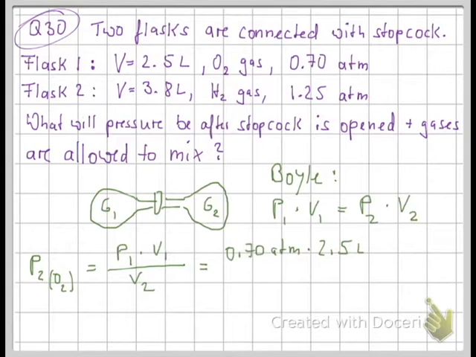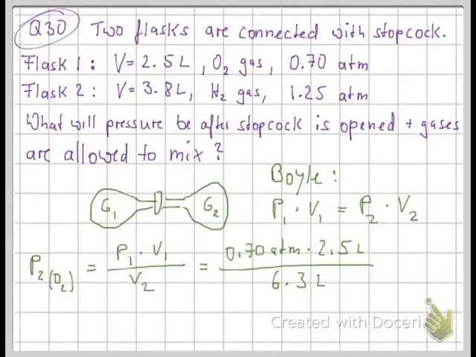And V2, after it is allowed to expand, is the total volume of 2.5 and 3.8, which is 6.3 liters. V2 is 6.3 liters once they had a chance to mix and expand. So we end up with a pressure unit of atmospheres because liters cancel. So 0.7 times 2.5 divided by 6.3.